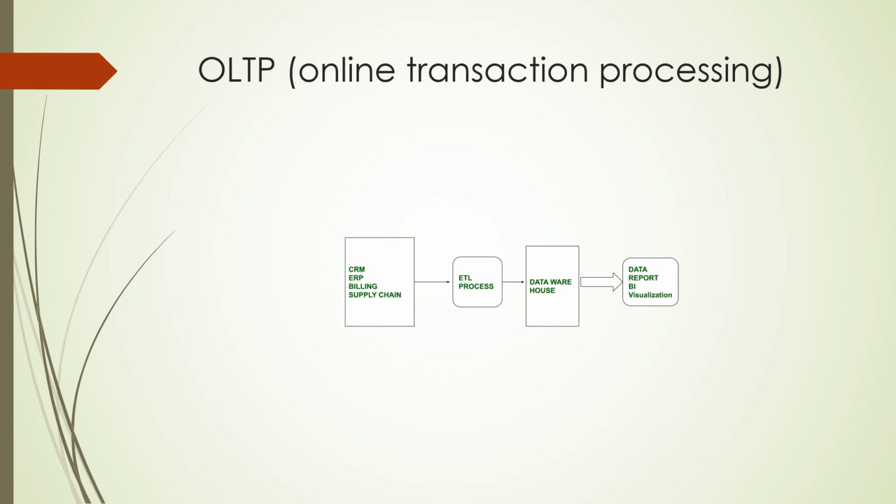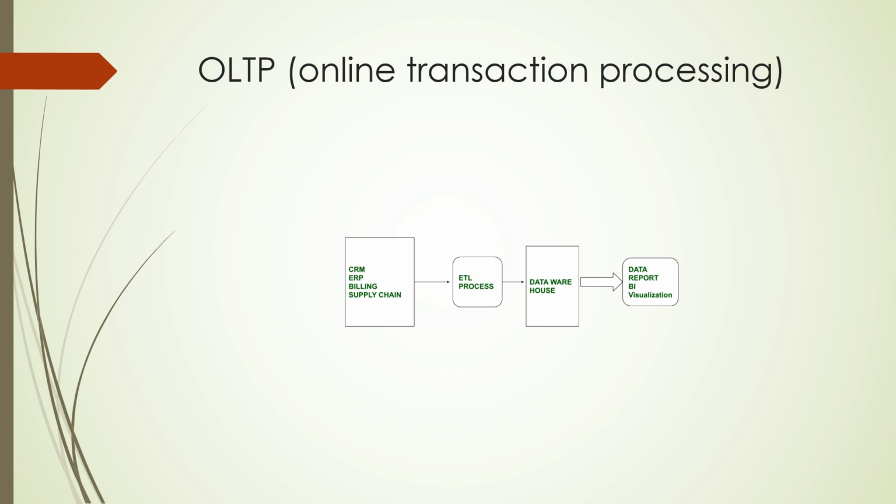OLTP involves taking transaction data, then processing it and updating the backend database to reflect the new input. While the application may be complex, these updates are very simple and involve only a few database records.